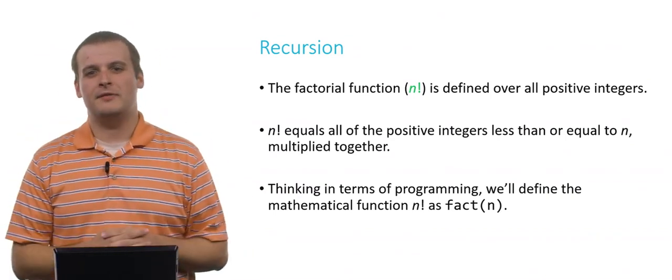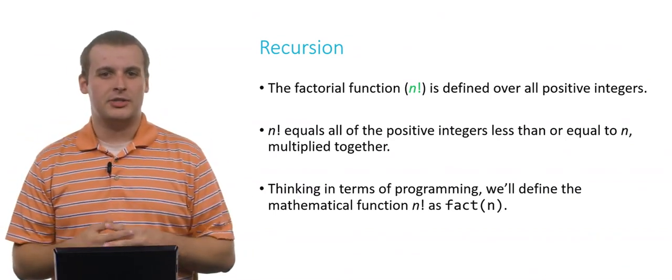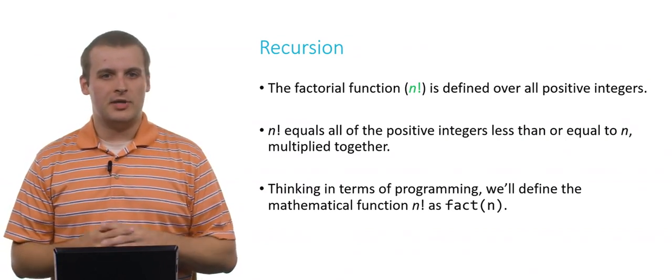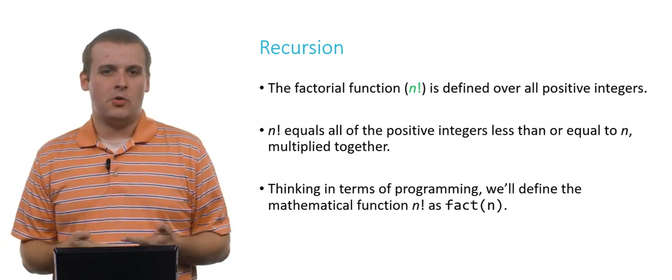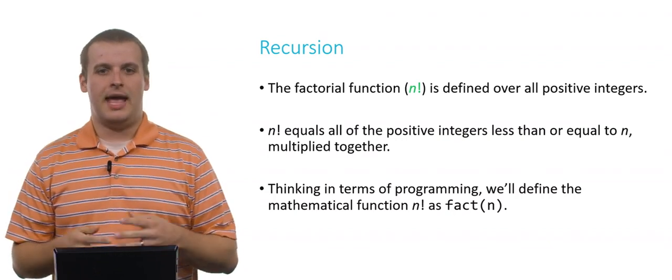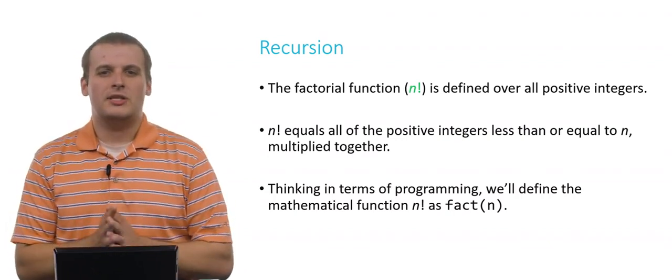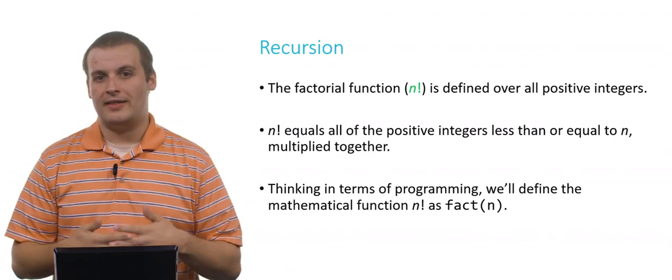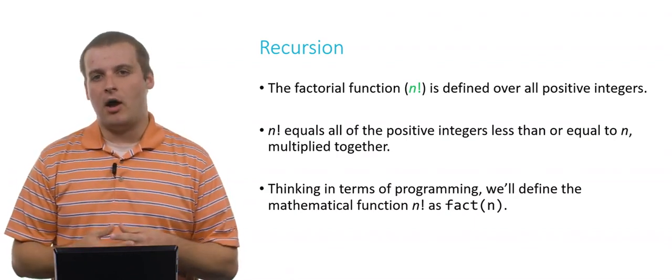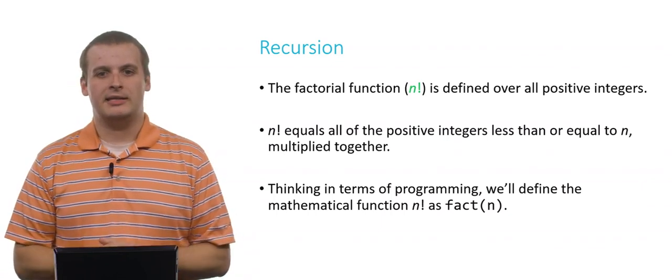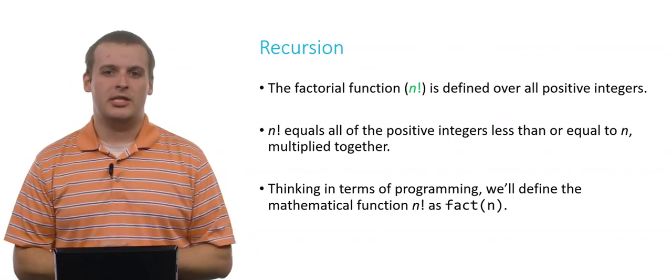Let's look at an example to see how a recursive procedure might be defined. If you're familiar with this from math class many years ago, there's something called the factorial function, usually denoted as n exclamation point, which is defined over all positive integers. The way n factorial is calculated is you multiply all of the integers less than or equal to n together.